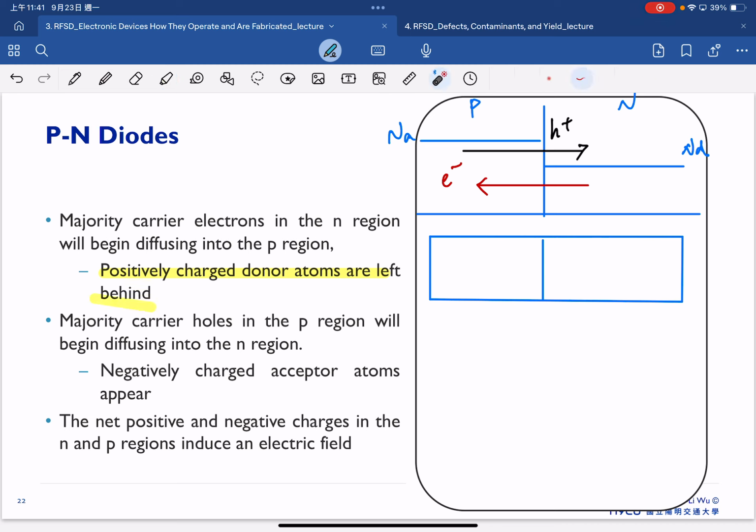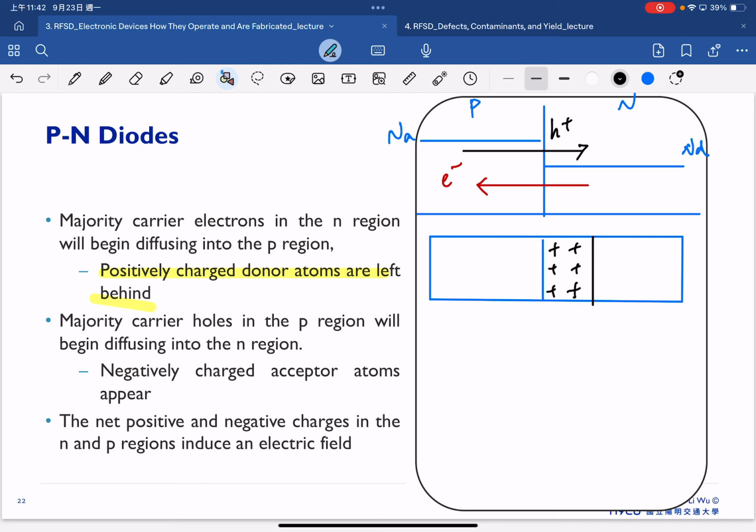Ideally this is the region where we have negative charge and positive charge, but once electrons move to the left, this positive charged donor will start to appear at this place.